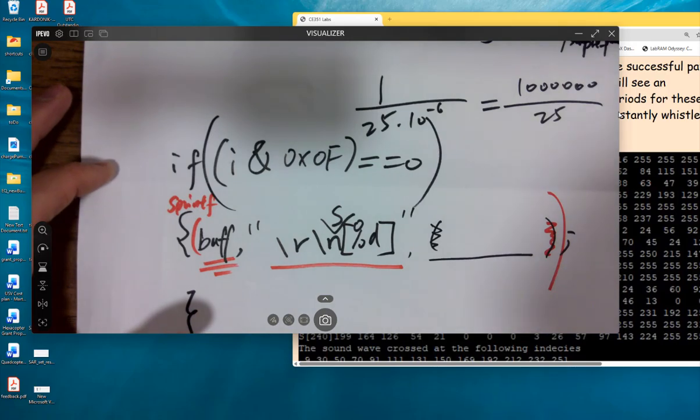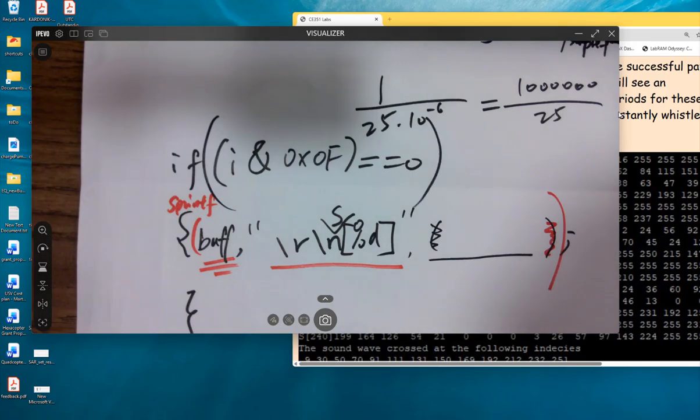This is a different question. It's asking you to print out numbers from 1 to 64 in 4 lines, right? So every line should be 16. So it's 1 to 16 for the first line, and then 17 to 32 for the second line.